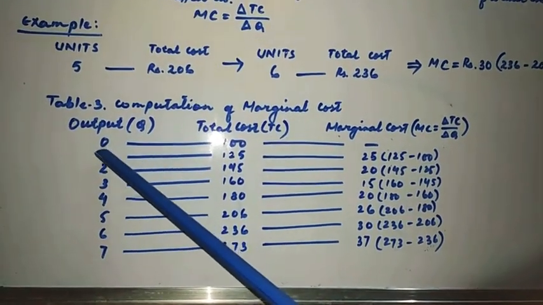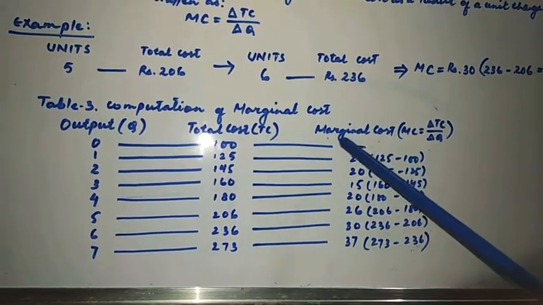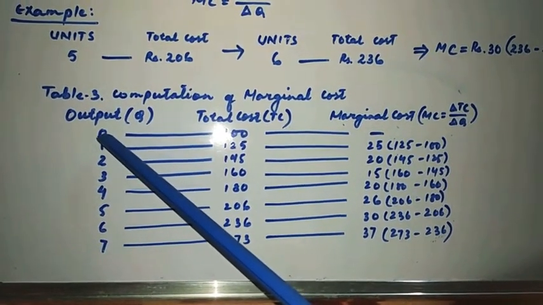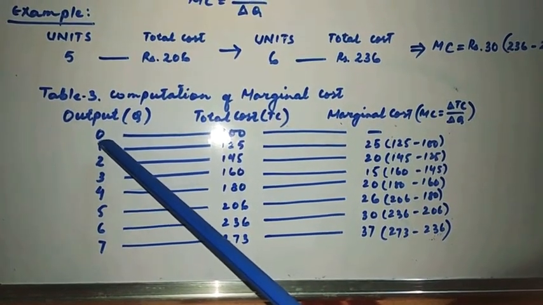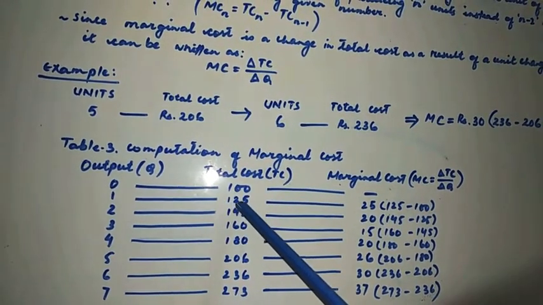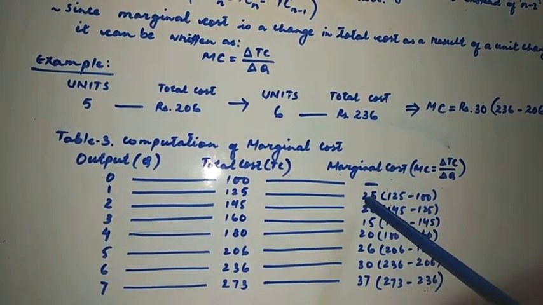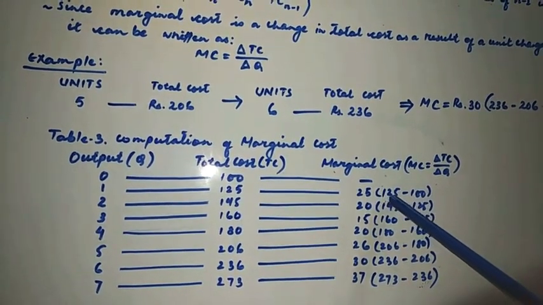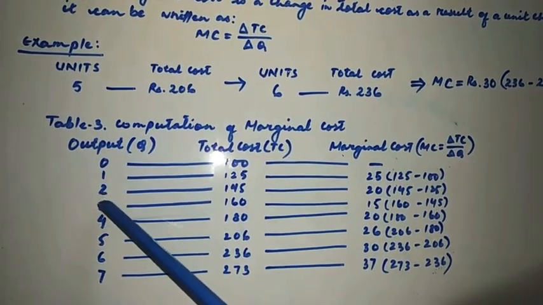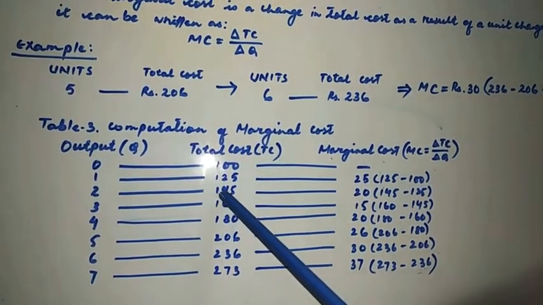So at 0 level of output, the total cost incurred is 100 and your marginal cost is 0. And when 1 unit of output is produced, the total cost incurred is 125. And what is the marginal cost? Marginal cost is 25. So 125 minus 100 is 25. And again, at 2 units of output, your total cost is 145.